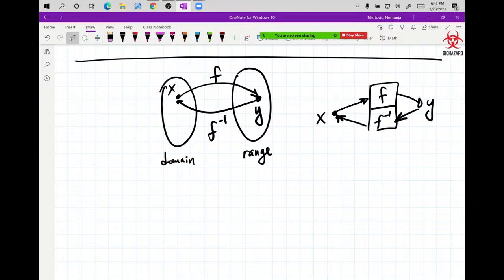Well, yeah, because you have expressions, and some expressions are functions and other expressions are not functions. So clearly, if inverses are expressions, some of them are not going to be functions. So you don't have an inverse function every time. Sometimes your inverse is a function and sometimes it's not.